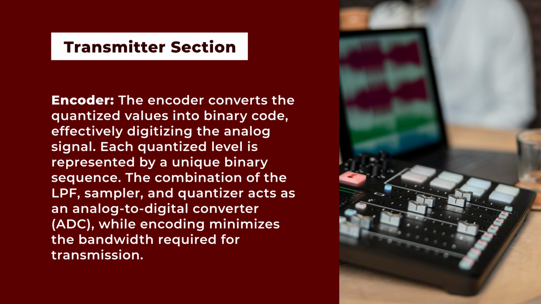The encoder converts the quantized value into binary code, effectively digitalizing the analog signal. Each quantized level is represented by a unique binary sequence. The combination of the low pass filter, sampler and quantizer acts as an analog to digital converter, that is ADC, while encoding minimizes the bandwidth required for transmission.